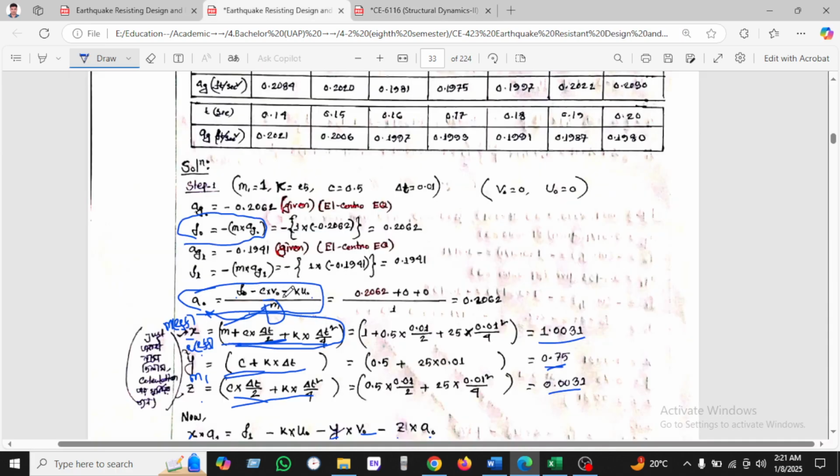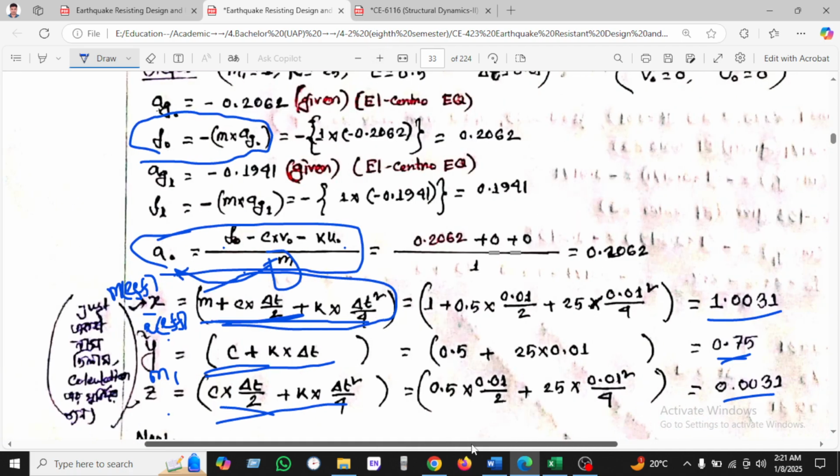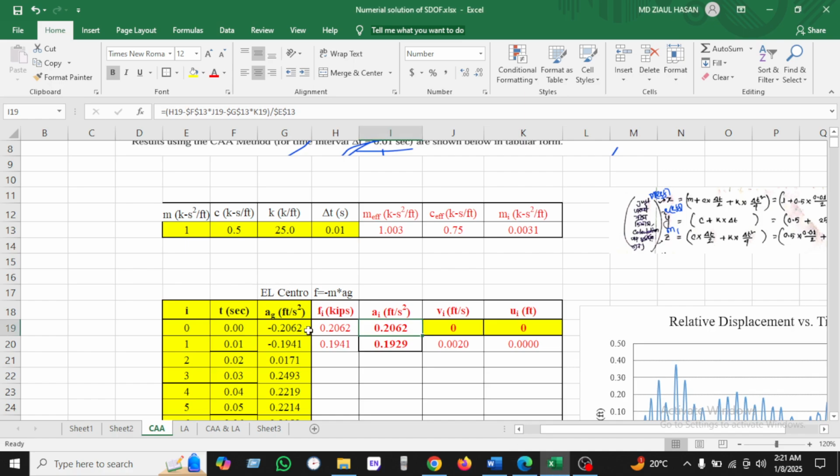In this way, minus c into velocity minus k into u, divided by m. Okay, in this way I found the initial acceleration, and the velocity is 0, and displacement is also 0.